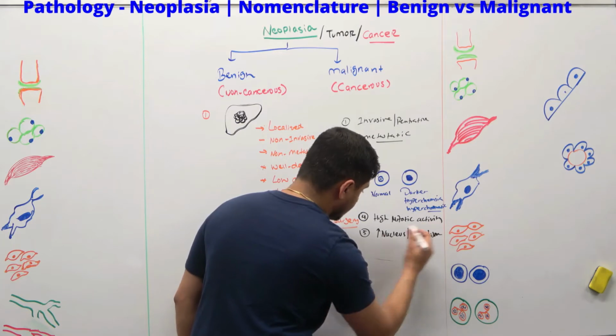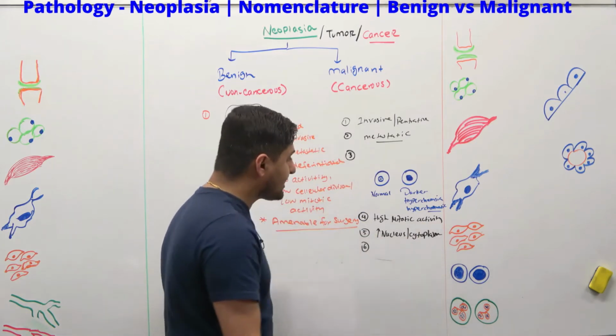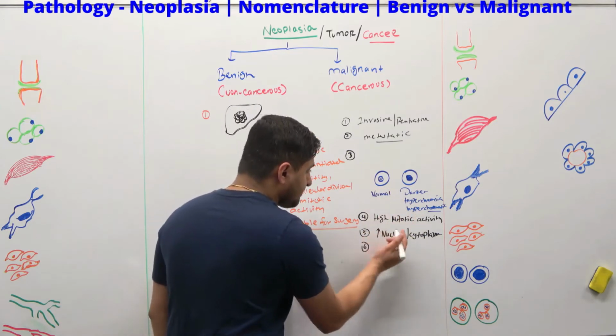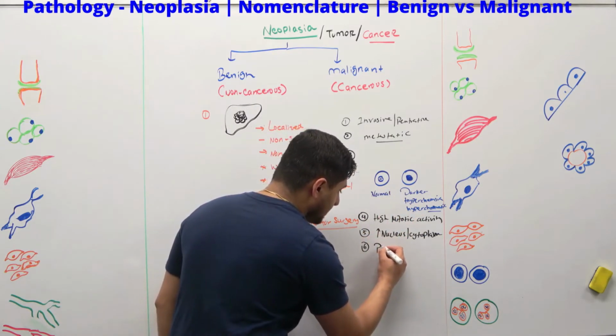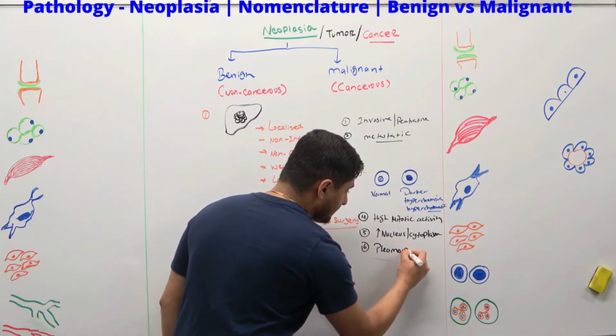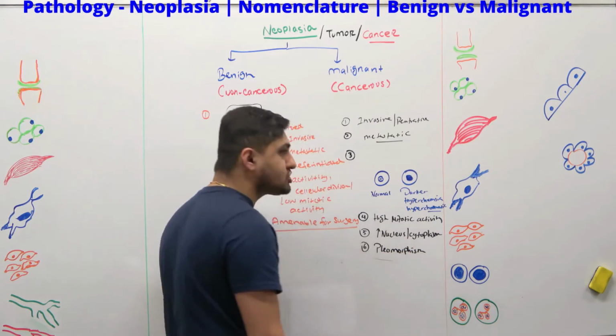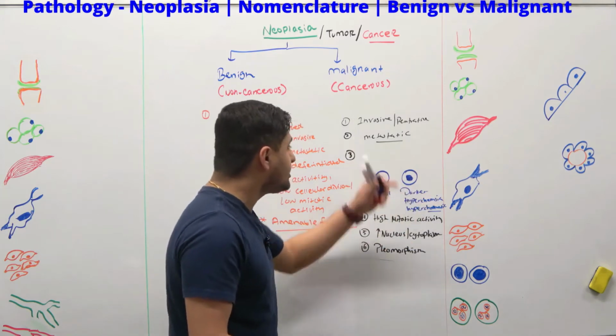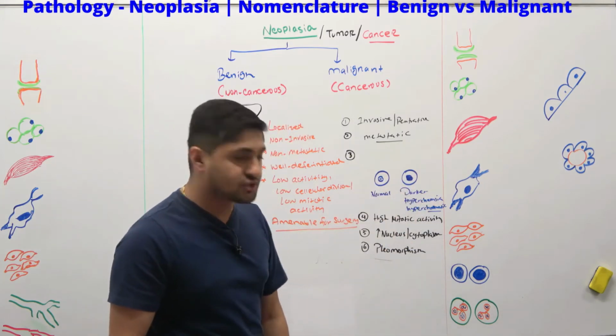And there's also going to be pleomorphism. What does pleomorphism mean? Meaning that the size, shape and colors are different, the different morphological changes that you see in the malignant or cancerous tumor.